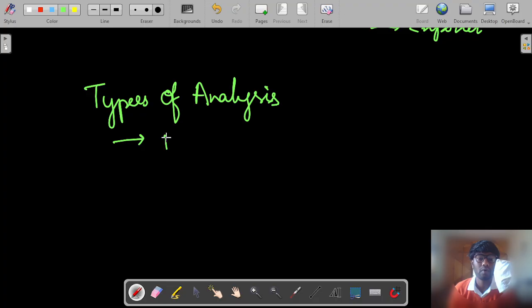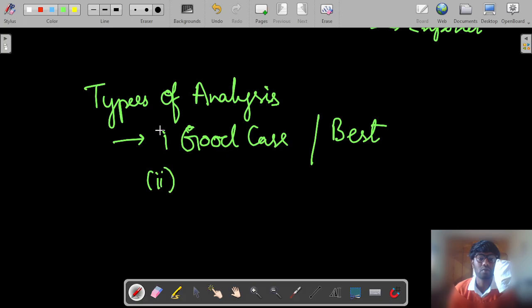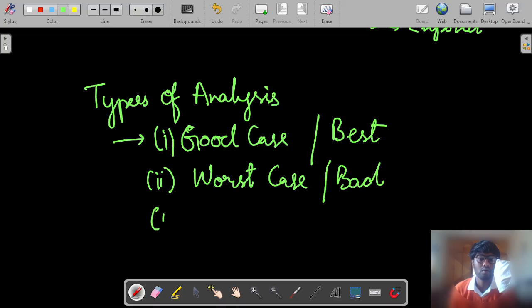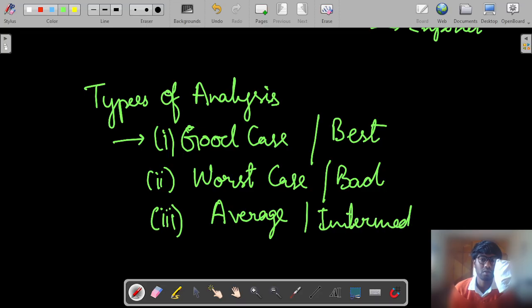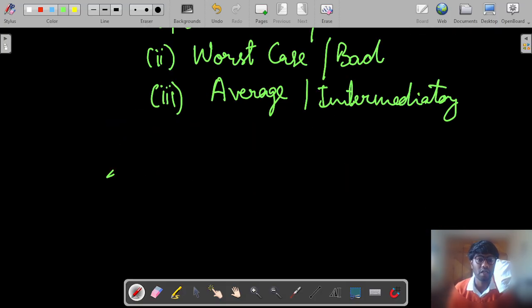One possibility is the good case or the best case, and the second one is the worst case or bad case, or the average or intermediary case, right?